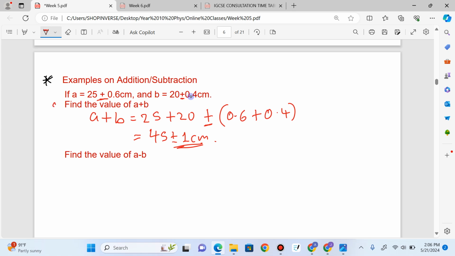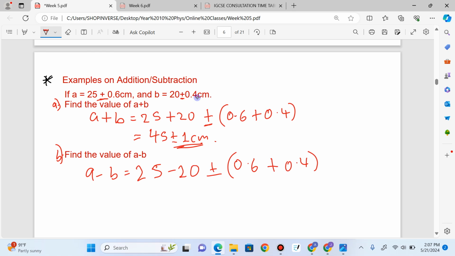The second part of the question says find the value of A minus B. So what will you do? A minus B equals the value of A, which is 25, minus the value of B, which is 20. 25 minus 20, then I have plus or minus. I will now add the absolute uncertainty, which is 0.6 plus 0.4, the absolute uncertainty in B. So this is in line with the rule that says if I'm adding two numbers, I will add the absolute uncertainty.